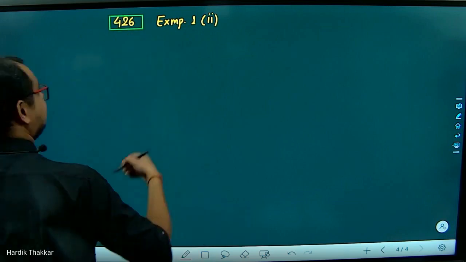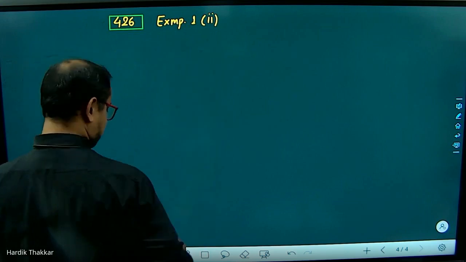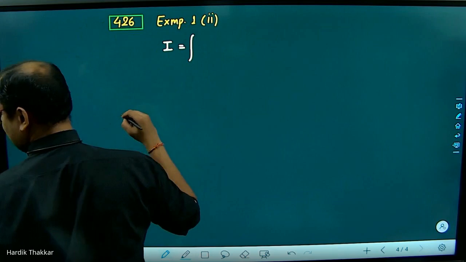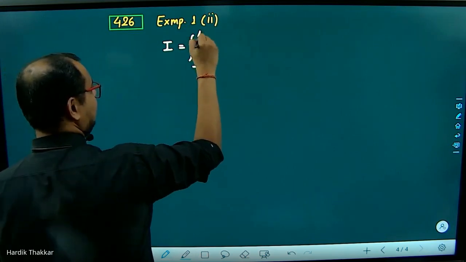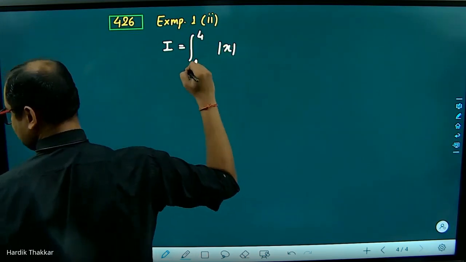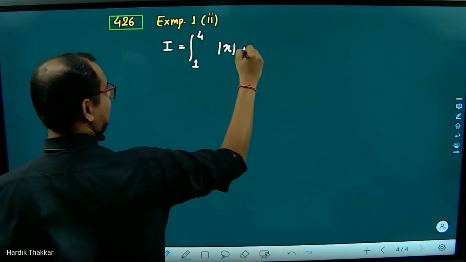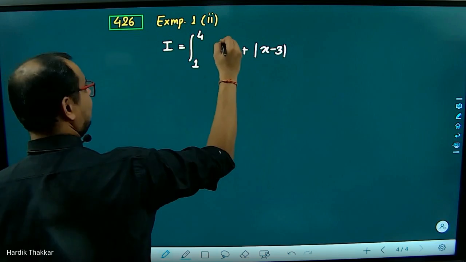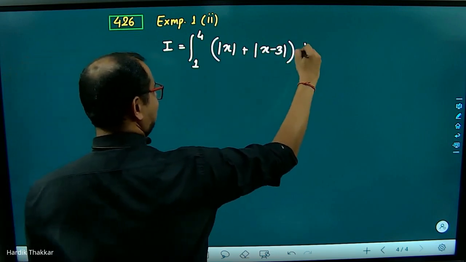So the question is I is equal to the integral, limit from 1 to 4, of mod x plus mod x minus 3, dx.